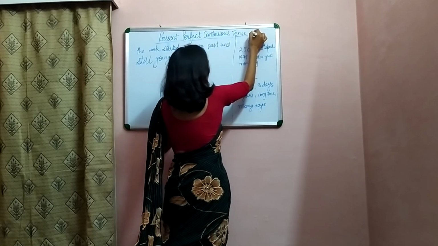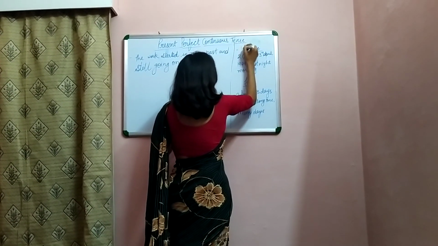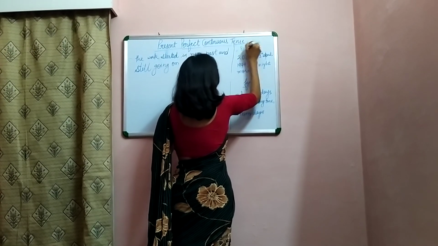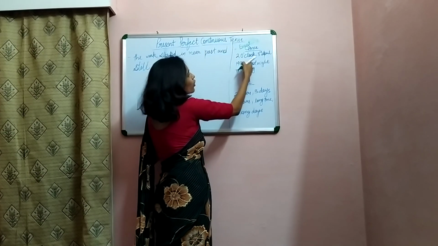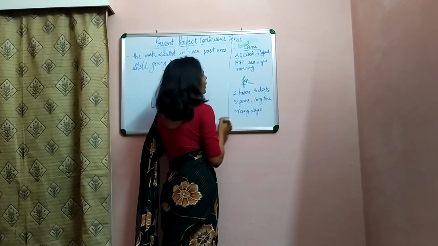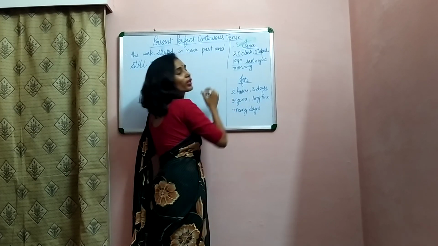If we want to talk about an exact time, we will use since. For example, since 2 o'clock, since 3rd April, since 1999, since last night, since morning.